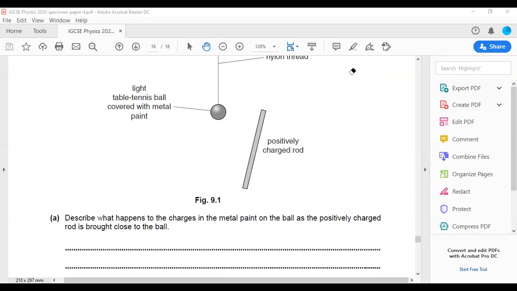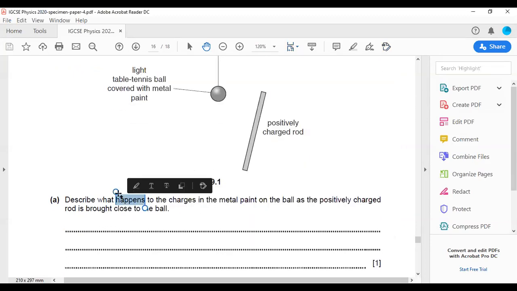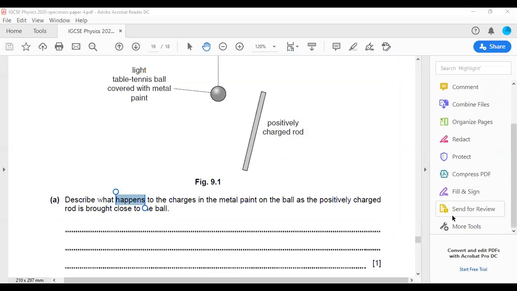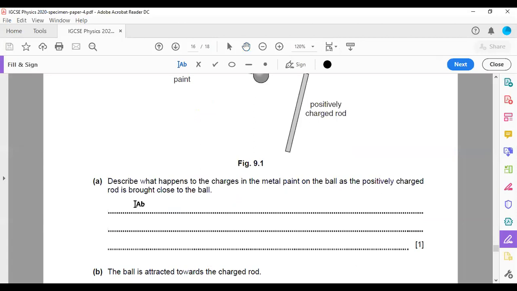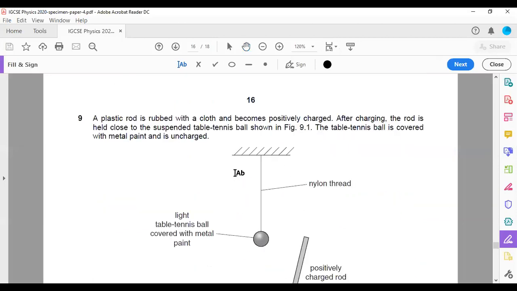Good. Describe what happens to the charges in the metal paint on the ball as the positively charged rod is brought close to it. Going back to the question, a plastic rod is rubbed with a cloth and becomes positively charged, and is held close to the suspended ball.